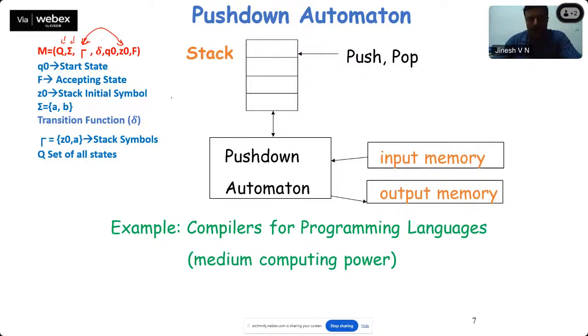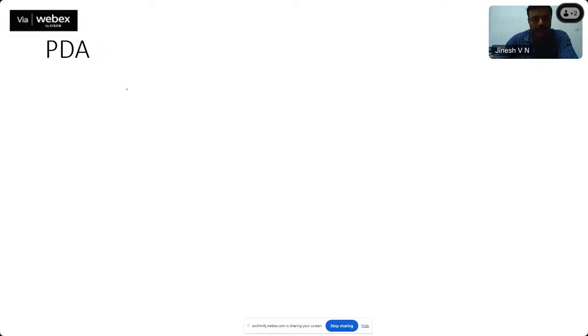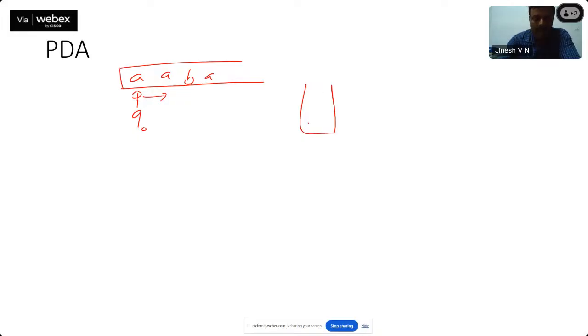So we'll just see how it is working. You have an input tape, and on the input tape you have the set of alphabet symbols, that means your string. The machine will be reading from the leftmost location towards the right side with the initial state, and you will have a stack.